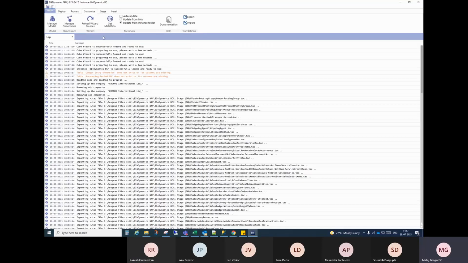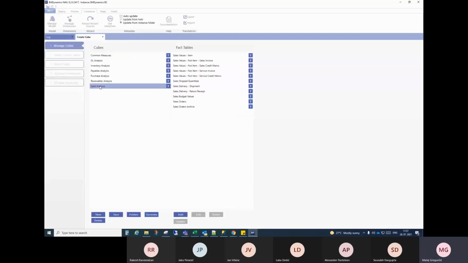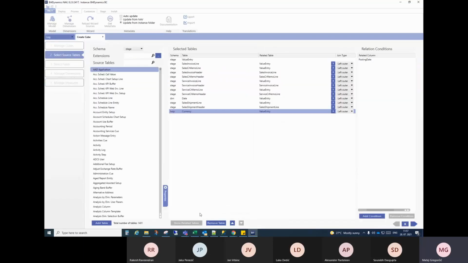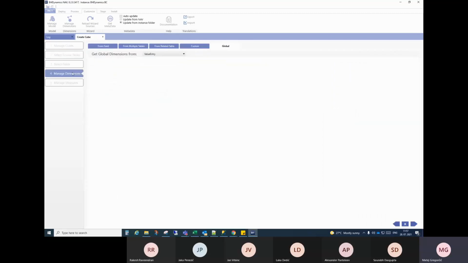Now, why am I saying this? Because in case we have more tables, like we have here, if I go to manage dimensions, this list becomes longer. We just need to decide where we want those global dimensions coming from.